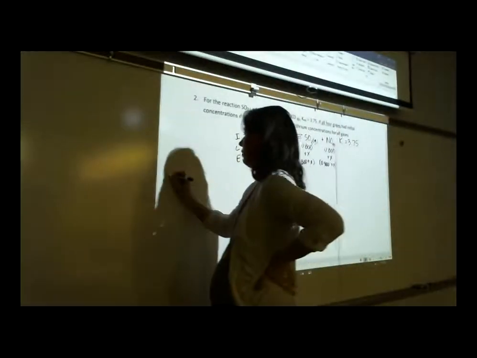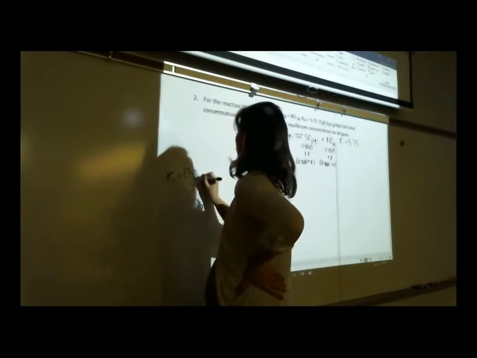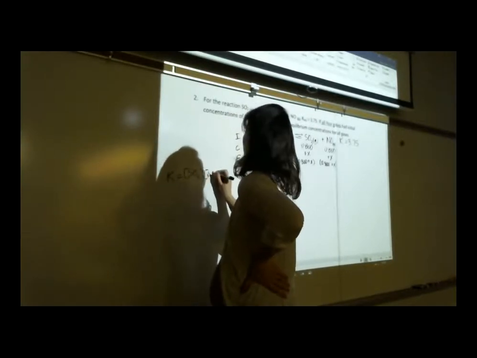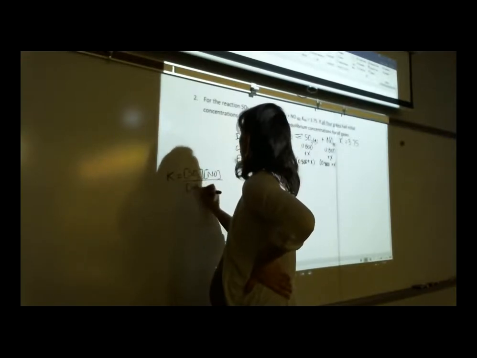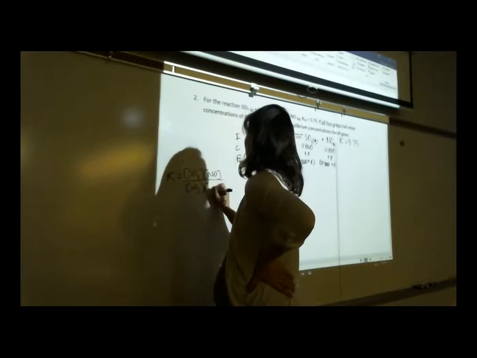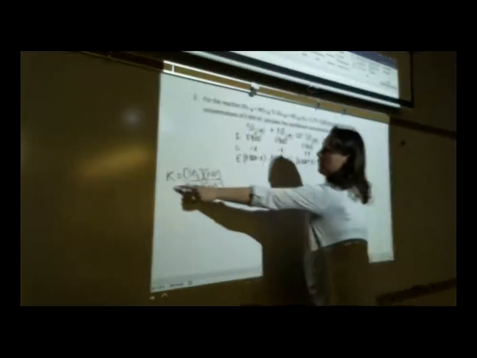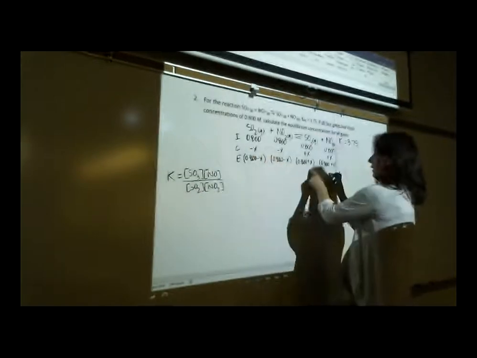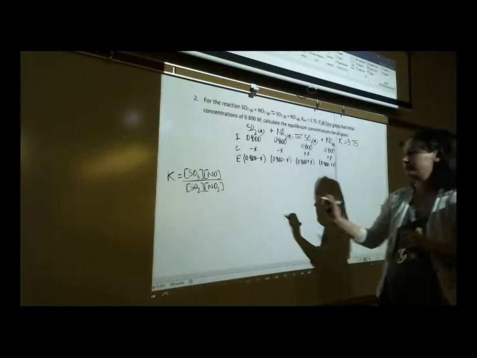K is equal to the concentration of SO3 times the concentration of NO divided by the concentration of SO2 times the concentration of NO2. Since I know the value of K, I can plug that in here, plug these in here, and now I can solve for X, right?